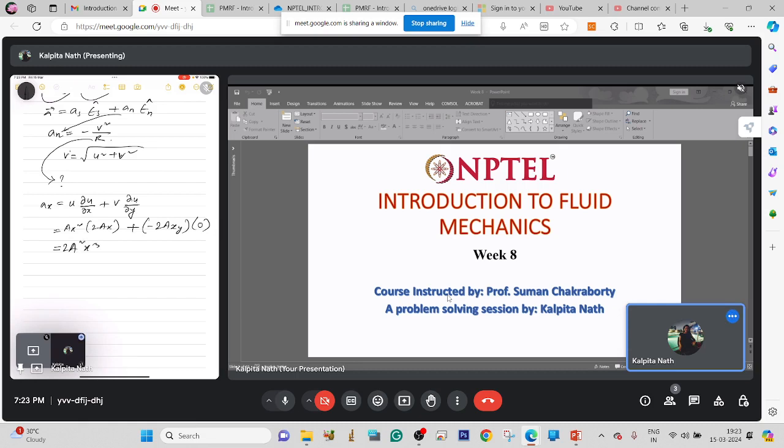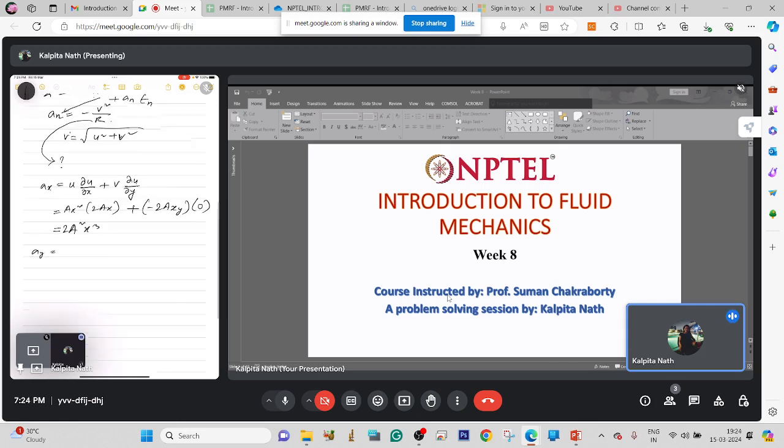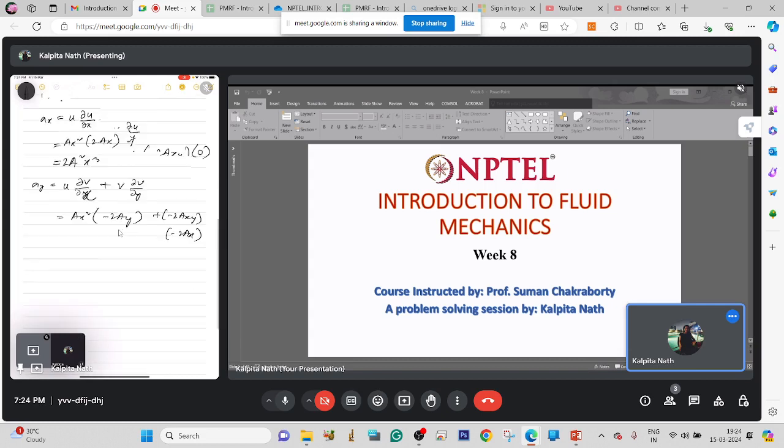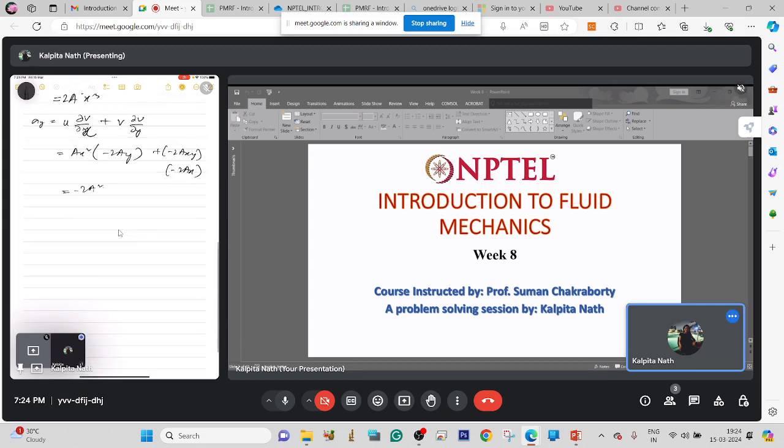Now we also find ay. ay will be u del v del x plus v del v del y. This gives ax square times minus 2ay plus minus 2axy times minus 2ax. So this is equal to minus 2a square x square y plus 4a square x square y, that is equal to 2a square x square y.